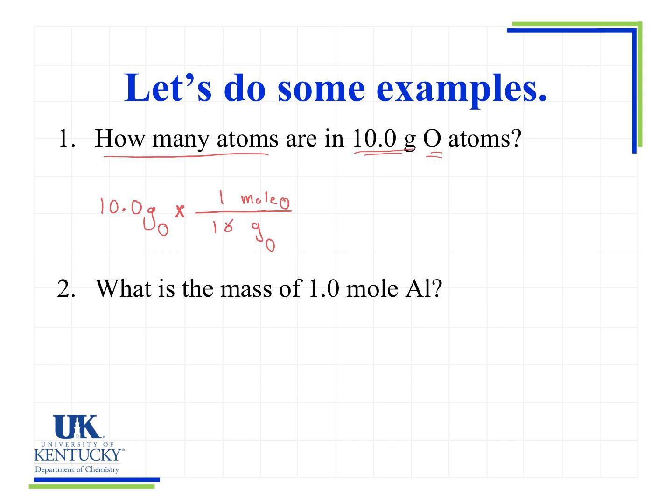Okay, we are not done yet because we have mole. It says how many. We want to know how many single atoms we have. From the definition, I know that 1 mole, and mole is on the top, so I put the mole on the bottom to get rid of that, mole of oxygen.